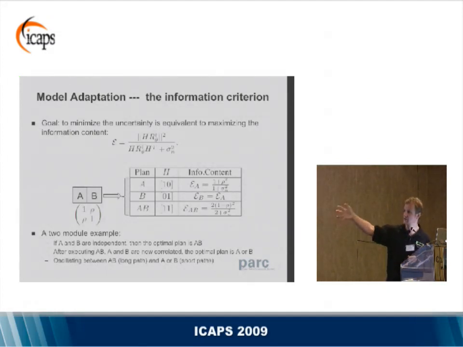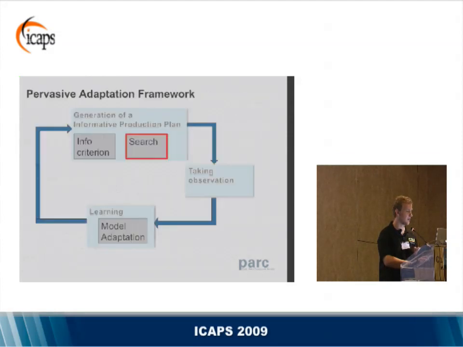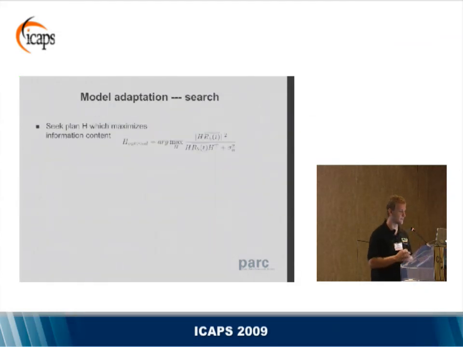This is mirrored here in those slides. It depends on the current knowledge what the best next plan would be. If we have this information criterion and want to optimize that equation, we need some search in order to derive the right plans, which will exercise the system in a way that we learn the most, or gather the most information.